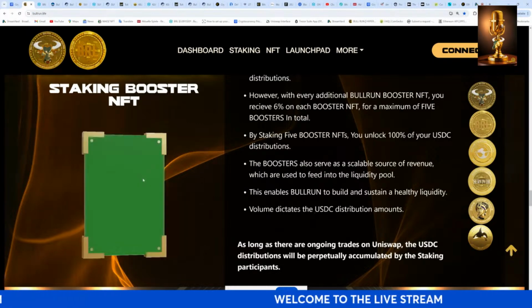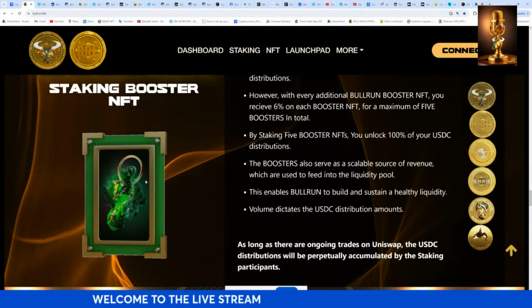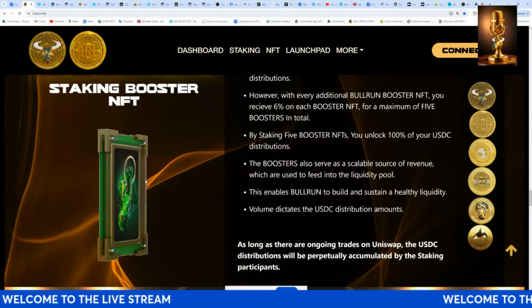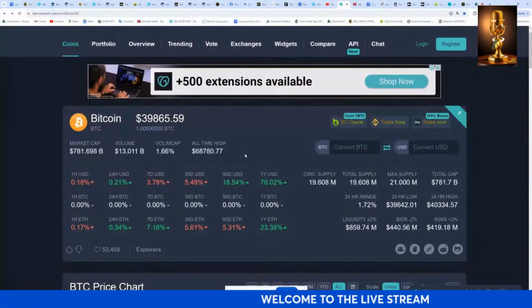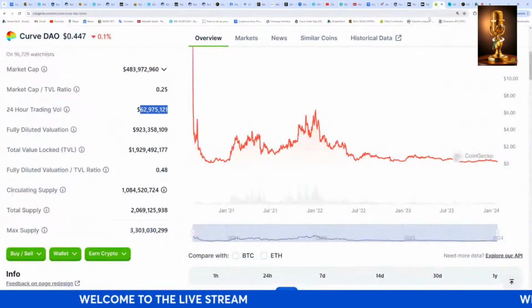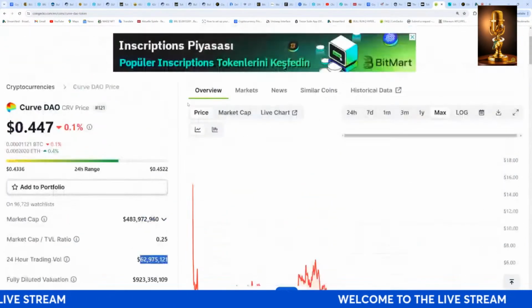And the revenue generated from them also goes to the liquidity pool. So we are heavily focusing on building a healthy liquidity pool, which is a challenge that Bitcoin was facing. We also have a stable and a sustainable staking platform addressing the challenge that Curve is facing.